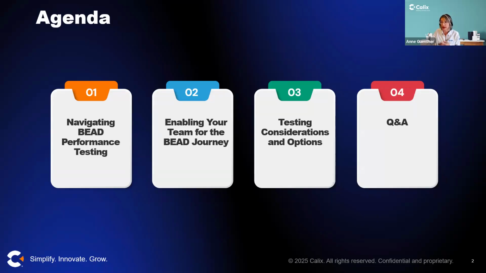Then we'll explore how to navigate these requirements, the tools, the expertise to run performance testing and reporting to ensure compliance. And we're going to be talking about how you can scale your existing resources to not only meet these requirements, but also for the longer term, how you can support your new growth from this funding and exceed subscriber expectations with a differentiated broadband experience.